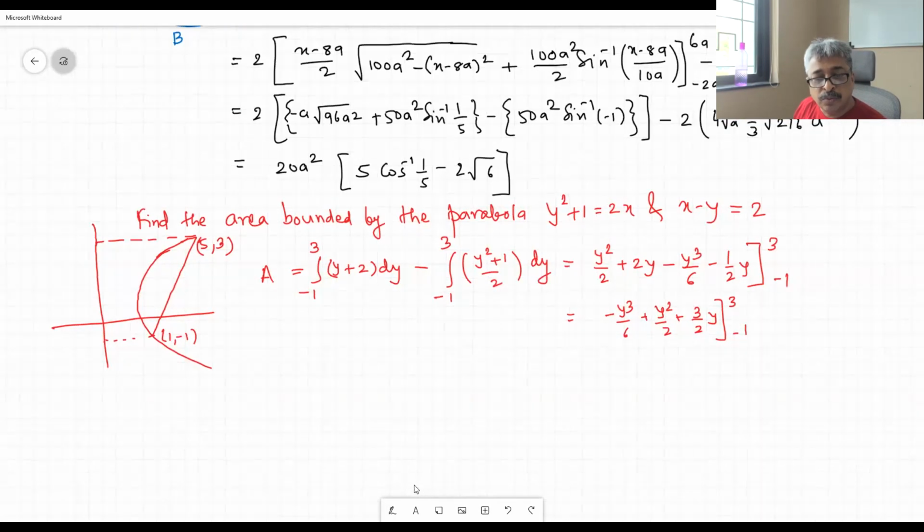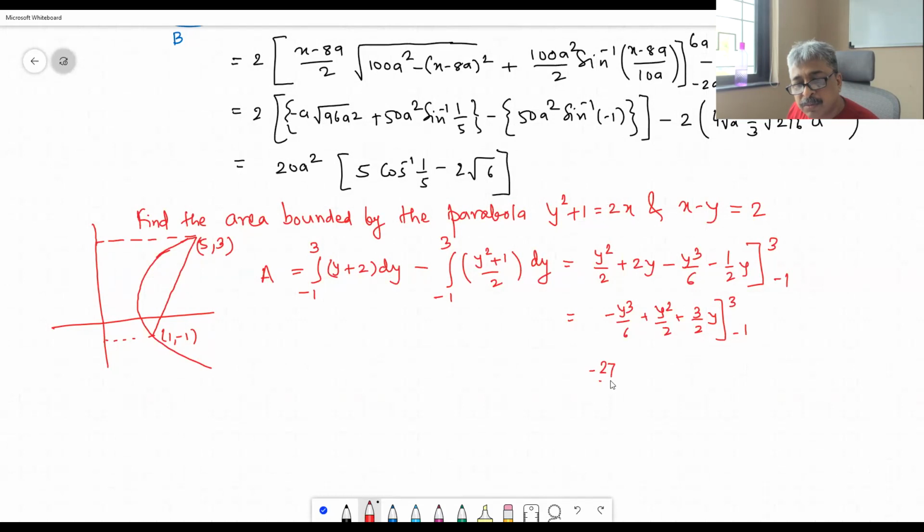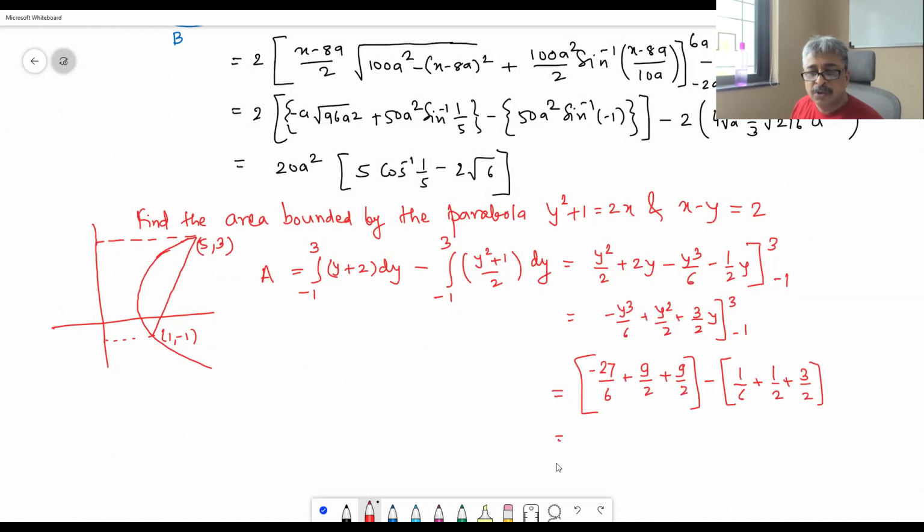Okay, so let us put it now. 27 by 6, plus 9 by 2, plus 3 by 2. This is the upper limit, minus the lower limit. If I put minus 1, the minus will get cancelled, it will be 1 by 6 plus 1 by 2 plus 3 by 2. Correct?